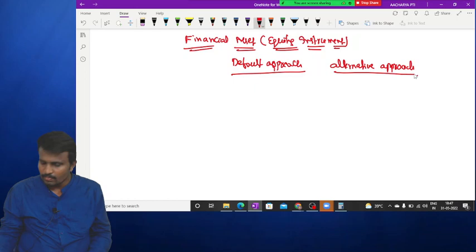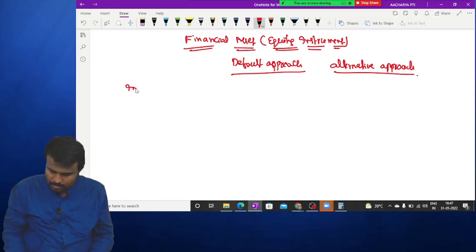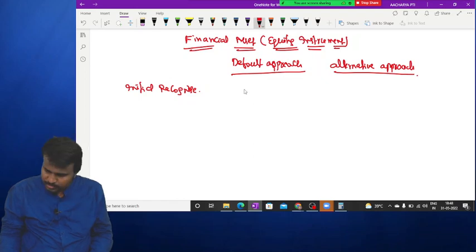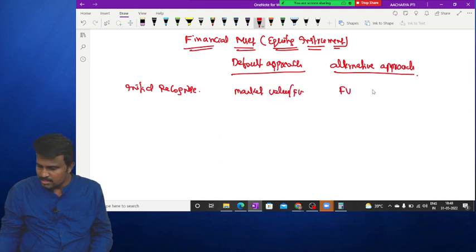Then at what cost is it recognized, at what price is it recognized initially? In case of the default approach, it was recognized at market value or fair value, plus we have to add transaction cost.